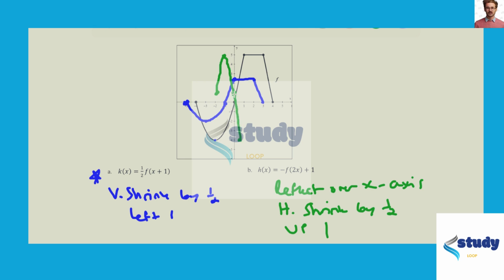That's a straight line. The point 3, 5, reflect over the x-axis, 3, -5. Horizontal shrink, 3/2, -5. Up 1, 3/2, -4.